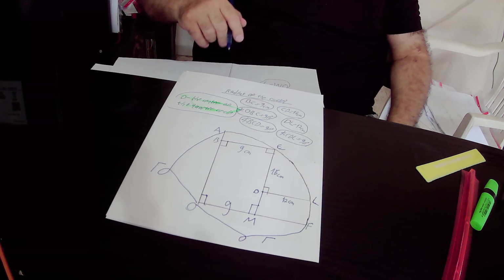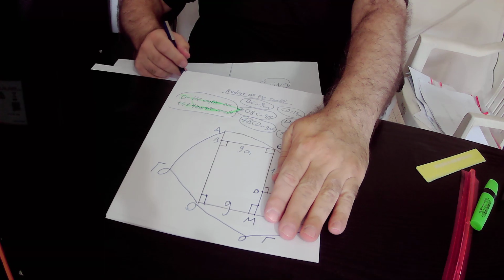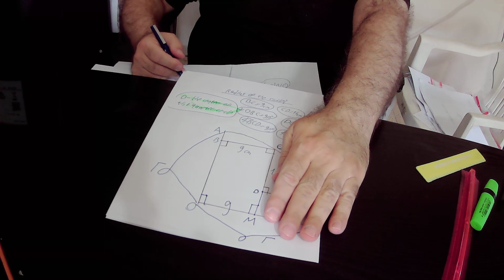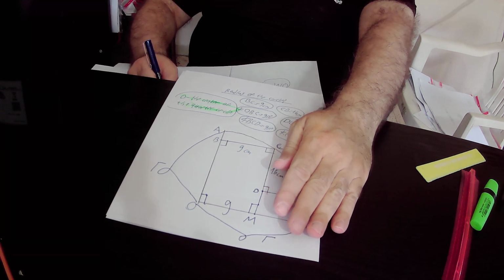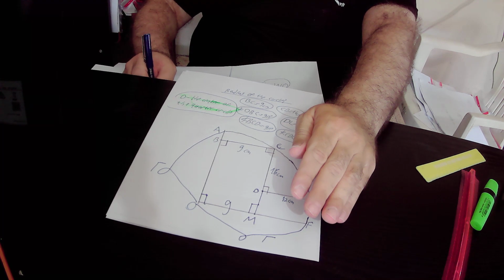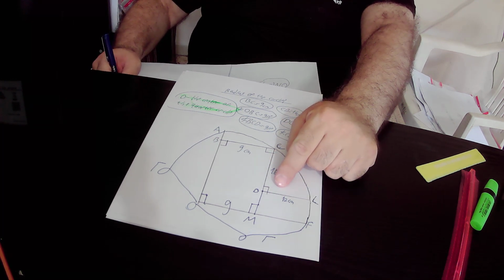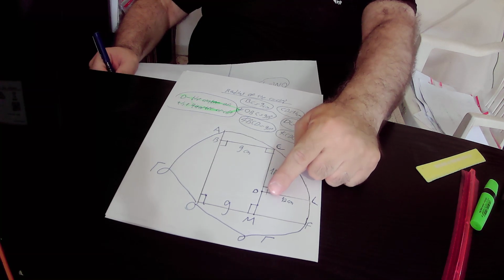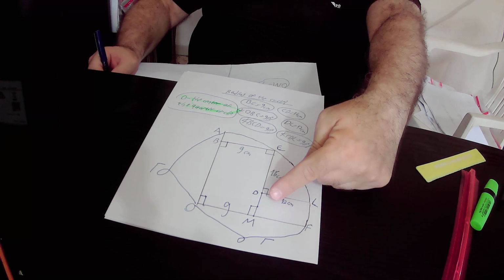And if we focus on this side of the straight line CM at point D, which angles do we have? At point D on this side of CM, we have this angle that is equal to 90 degrees, plus this angle that is actually angle MDL.